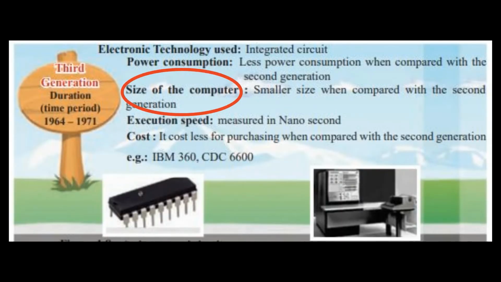Smaller size computers were used when compared with the second generation. Third generation execution speed was measured in nanoseconds and it cost less for purchasing when compared with the second generation.